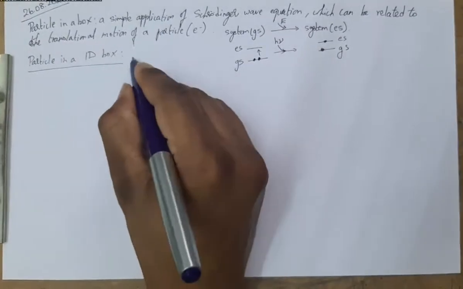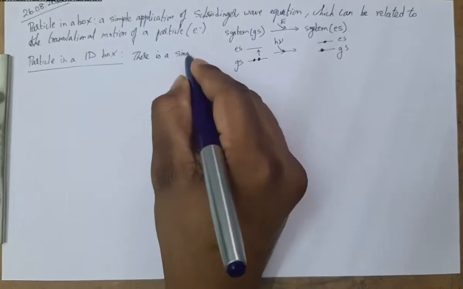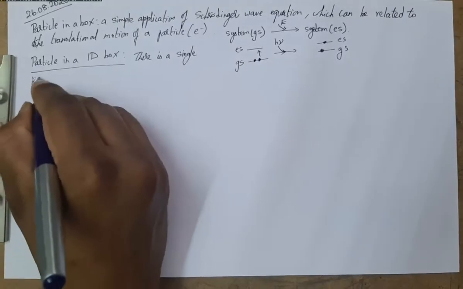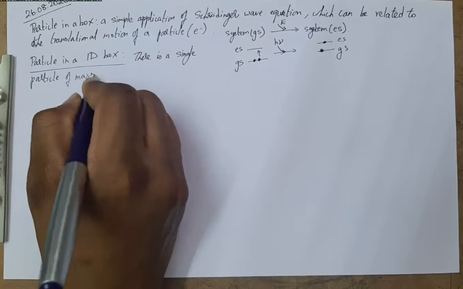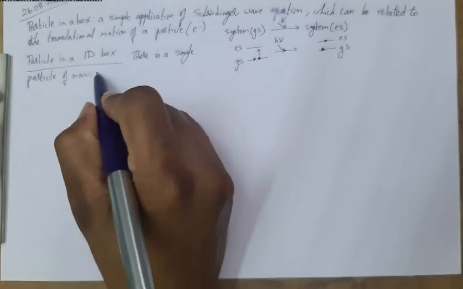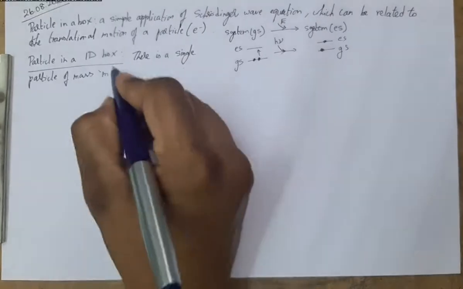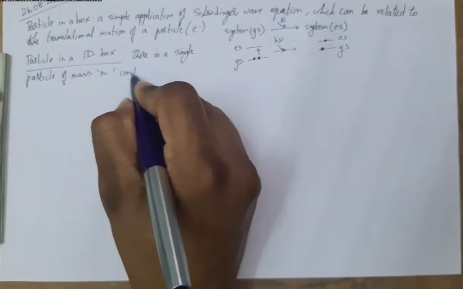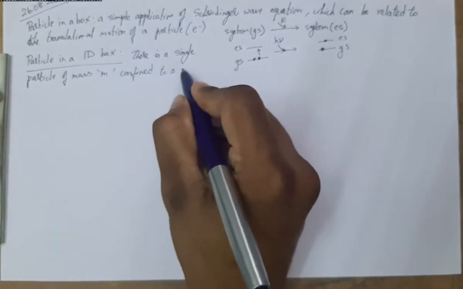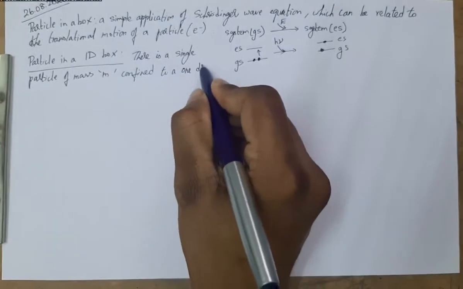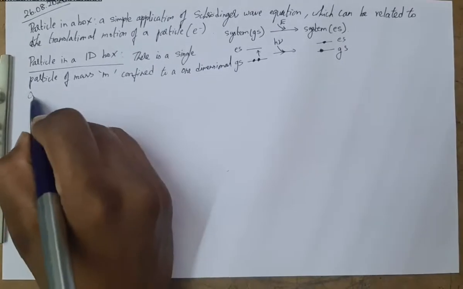That means there is a single particle of mass m confined to a one-dimensional axis.